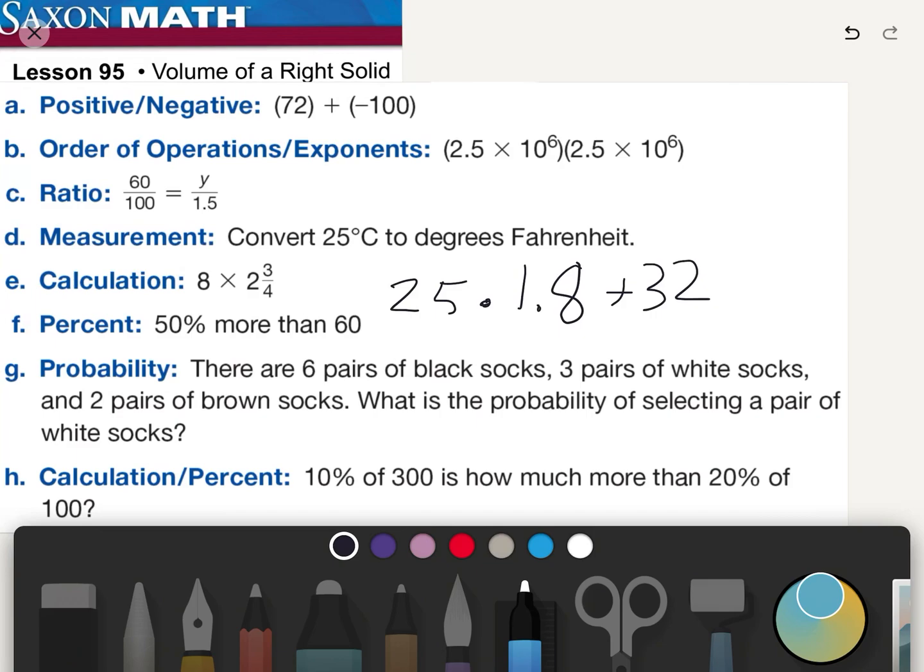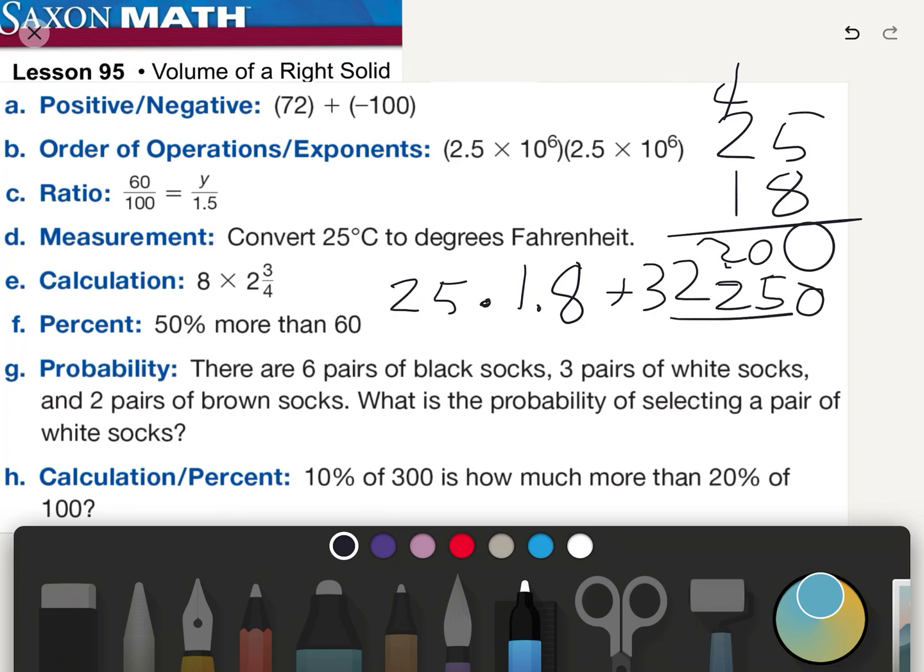So doing that quickly. Can say 48, 200, 250.